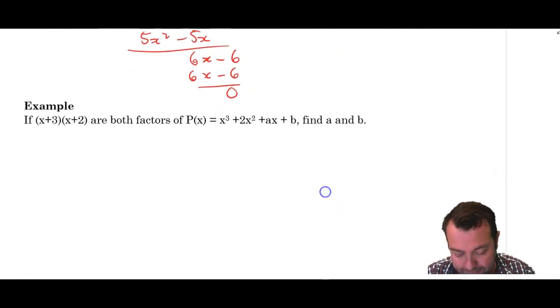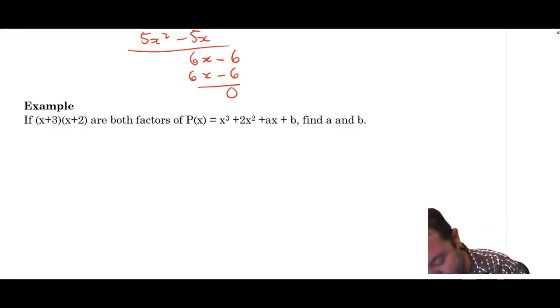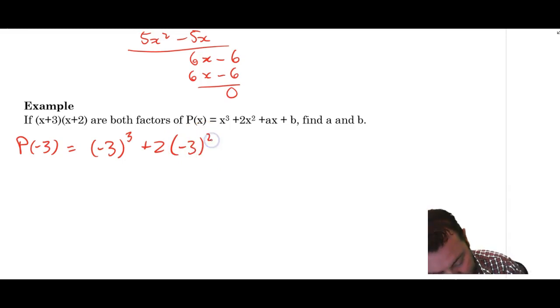Nearly done. If x plus 3 and x plus 2 are both factors of this, and you know this is kind of what we were talking about a moment ago, find a and b. Well, polynomial of -3. Substitute -3 in, will equal, what have I got? -3 cubed plus 2 lots of -3 squared minus 3a plus b, right, and that's going to equal 0.